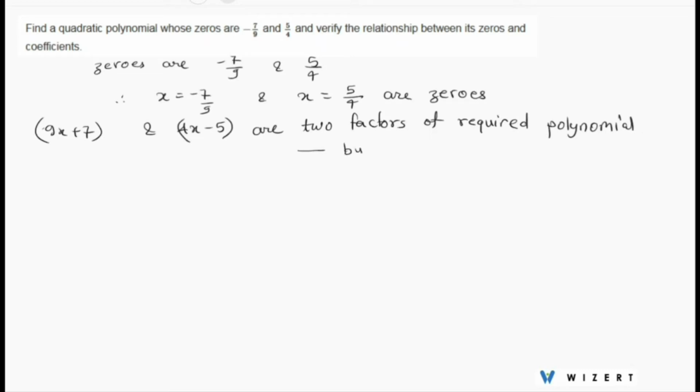This is by factor theorem. So what we can say, if we multiply these two factors, we'll get the required polynomial.